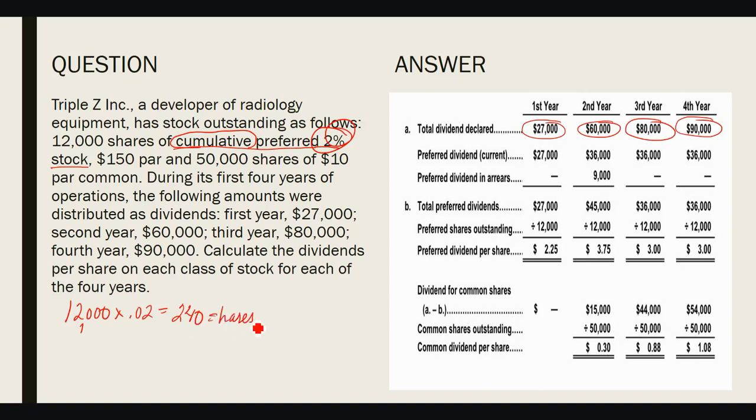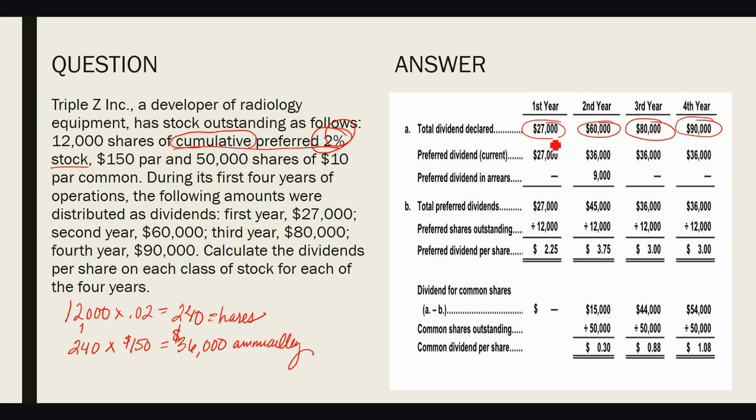Then we take the 240 and multiply that by the par value of $150, and that's $36,000 in dividends that they should receive annually.